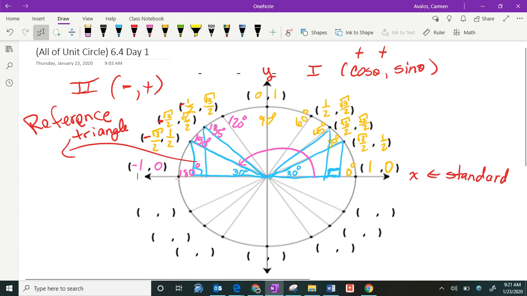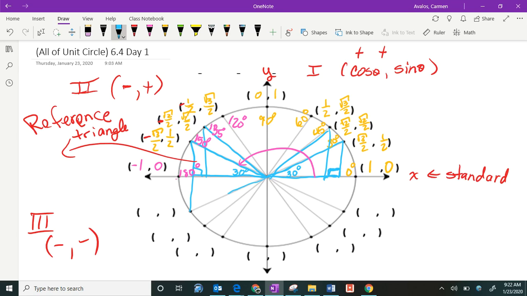And then the third quadrant is very similar. So we know that we're in the third quadrant, where it's going to be negative, negative. And when we do that, we're doing the same triangle. So we still have a reference triangle. Now it's going to be a mirror image of this.